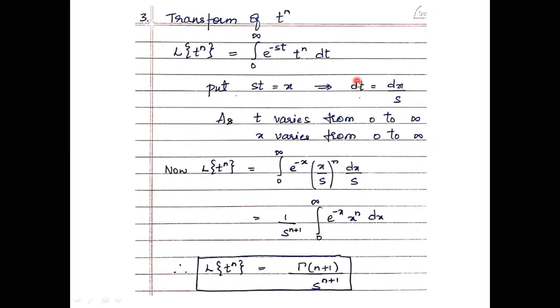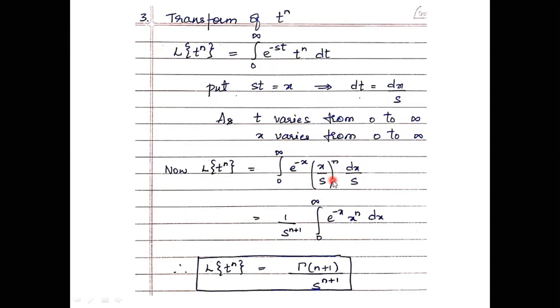So using all these in this integration, I have Laplace transform of t power n is equal to integration of e power minus x, because st here I have taken as x, and t is x by s to the power n, and dt is dx by s between the limits 0 and infinity.